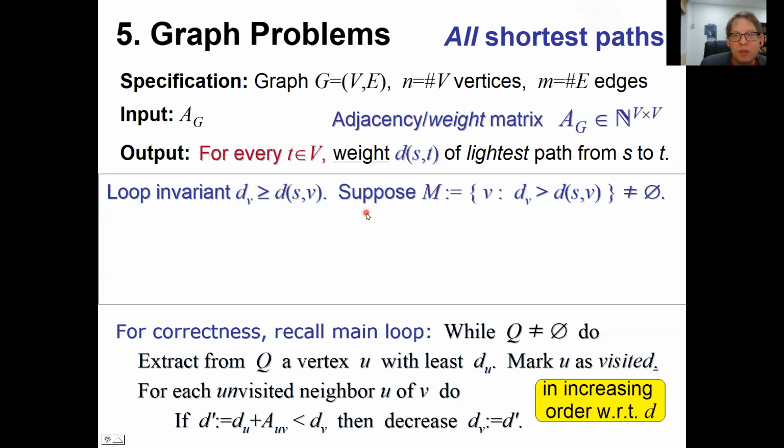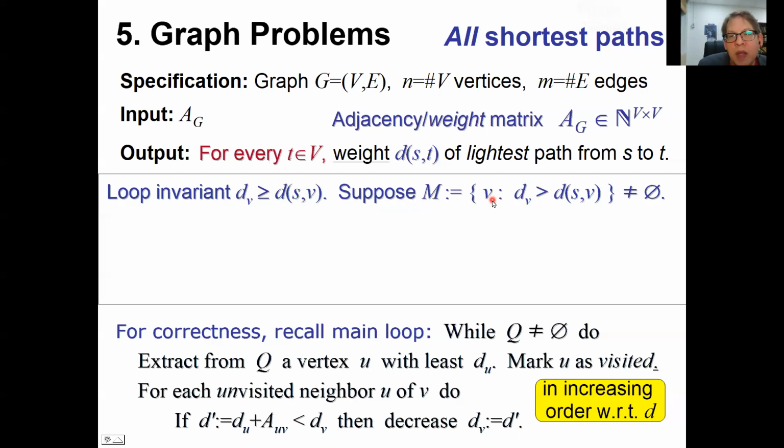So let's make a proof by contradiction, and suppose conversely that there exists a vertex where this is actually a strict greater inequality. That's the opposite of what we want to prove, that this is an equality. It always is greater or equal; if it's not an equality, then it must be strictly greater.